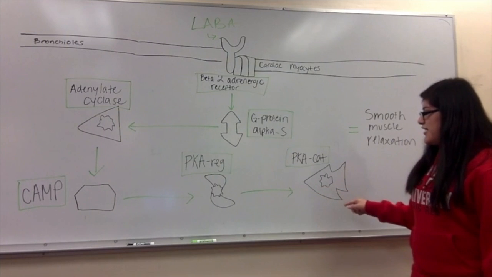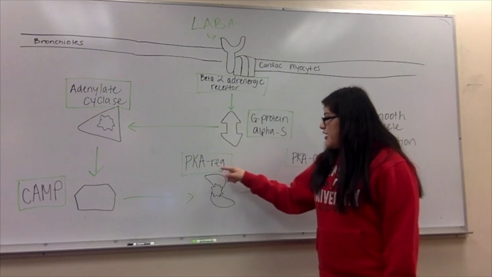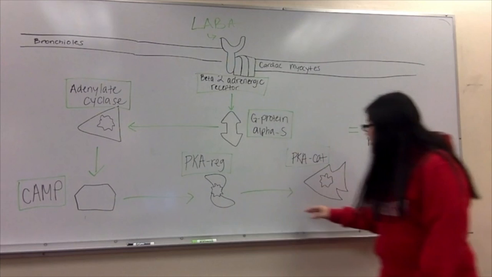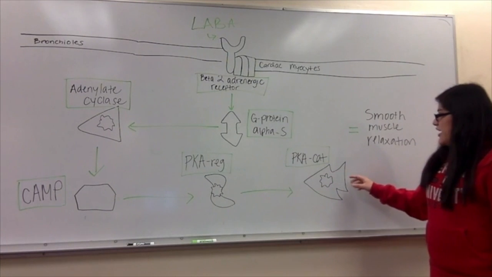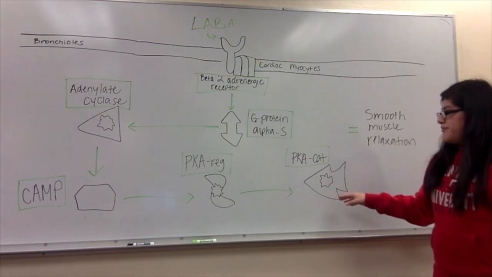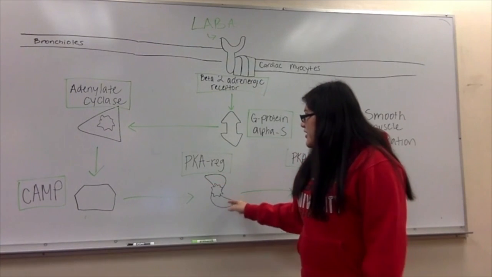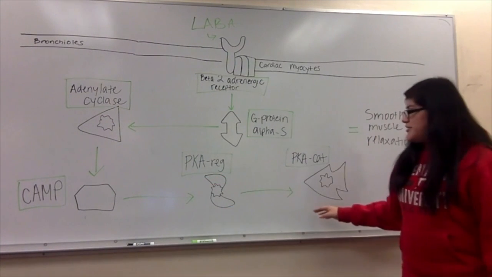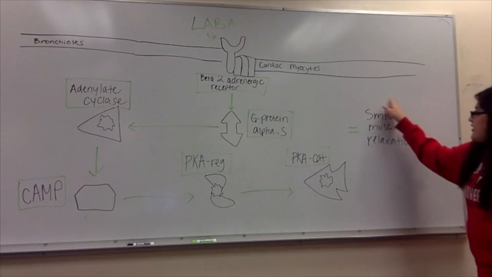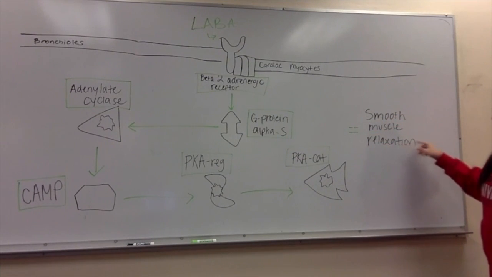First, PKA reg will be activated, and that'll then activate PKA cat. Once these two cAMP-dependent kinase proteins are activated, that'll lead to what we want, which is smooth muscle relaxation.